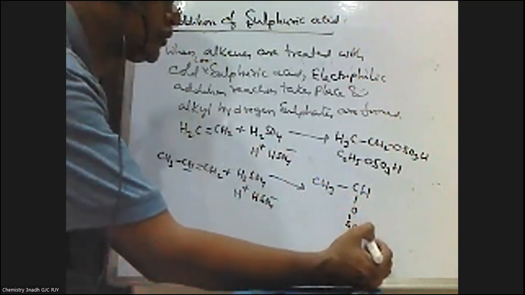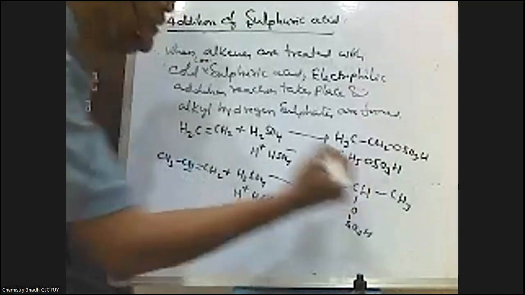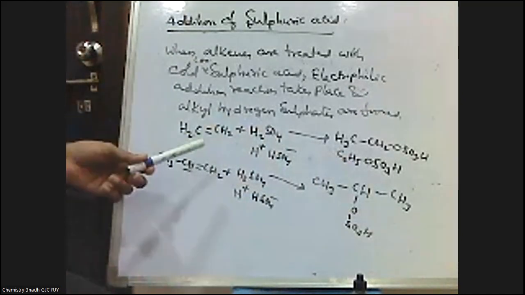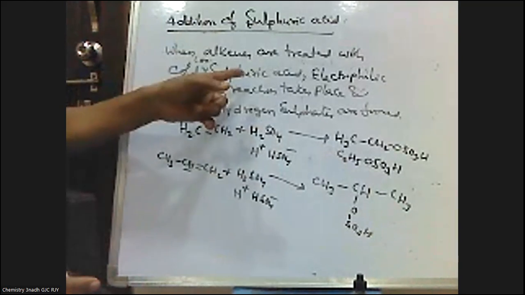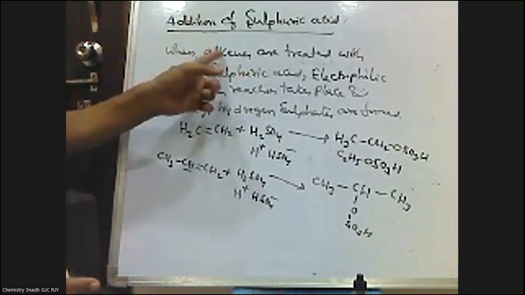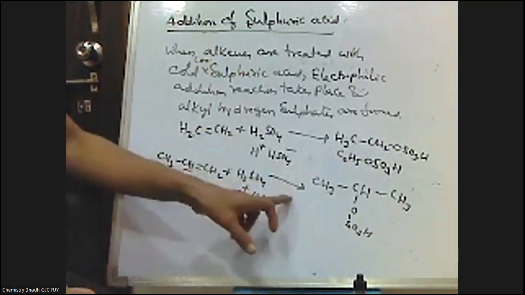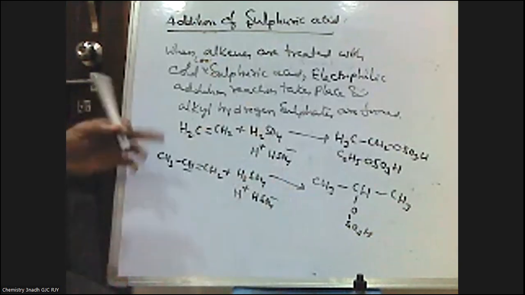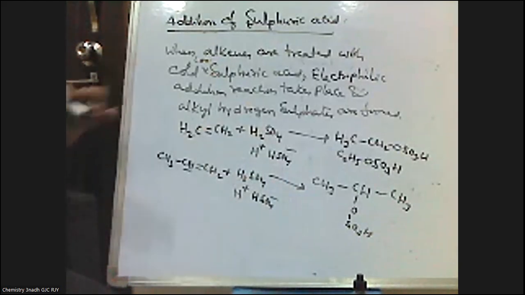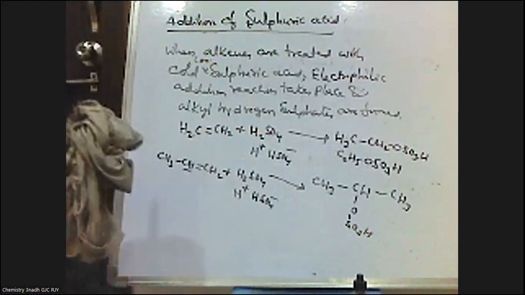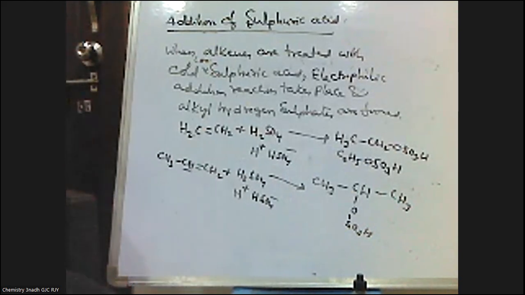So when sulfuric acid adds to an unsymmetrical alkene, the reaction happens according to the Markovnikov rule. This is one chemical reaction, an addition reaction of alkenes.